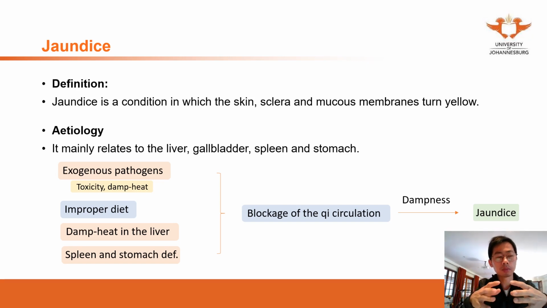We use the symptom as the disease name. We treat the diseases according to the symptom, according to the pathogenesis behind the symptom. So we don't only focus on the symptom, but we focus on the pathogenesis behind the symptom.